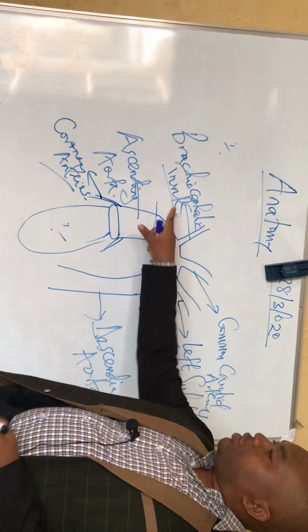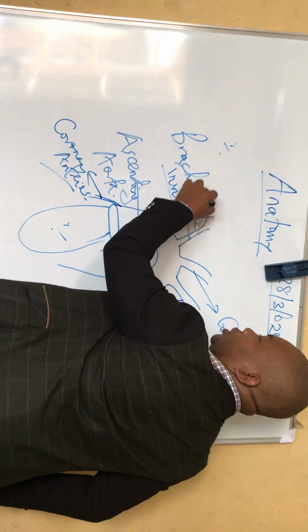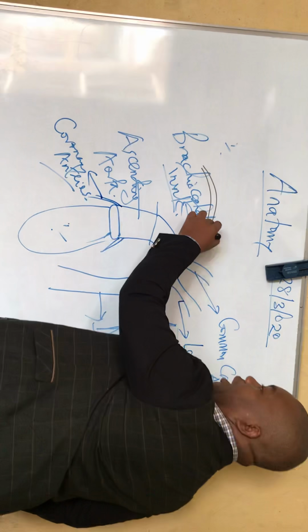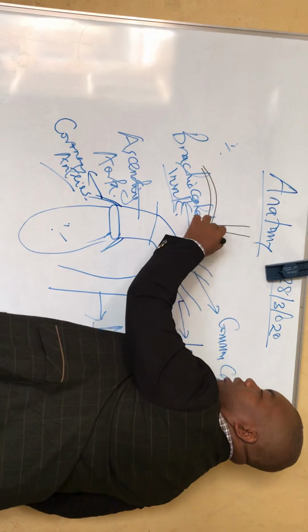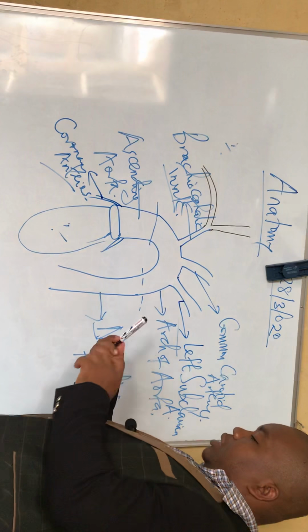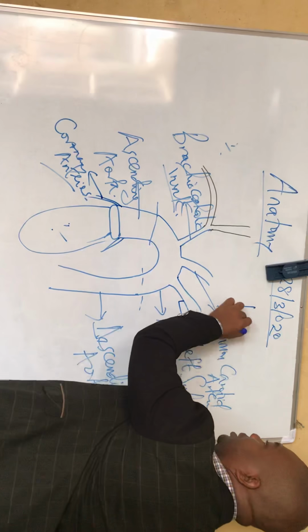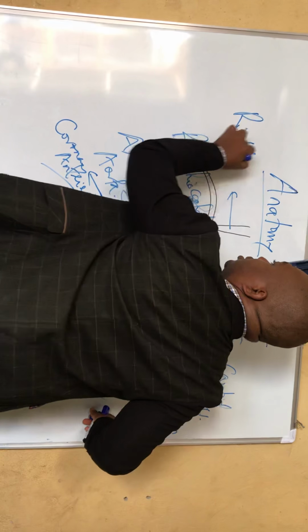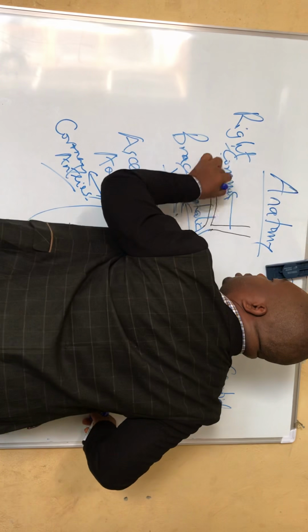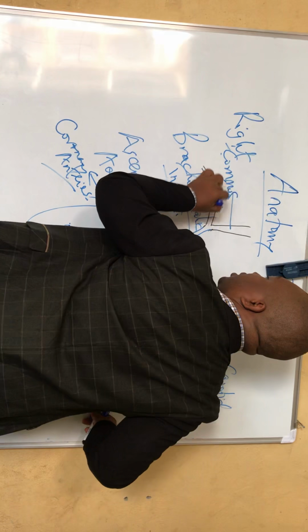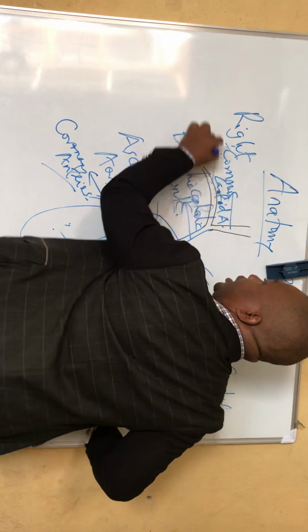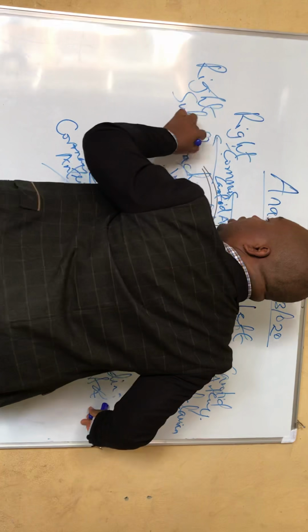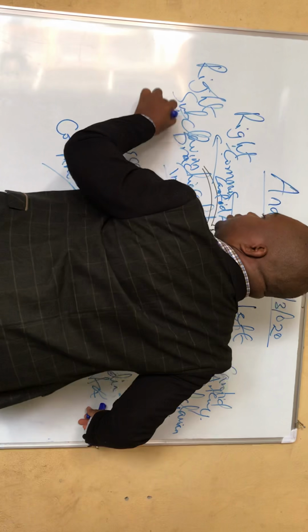The brachiocephalic trunk has two branches: one, the right subclavian artery, and two, the right common carotid artery.